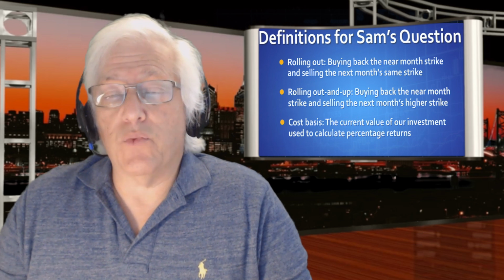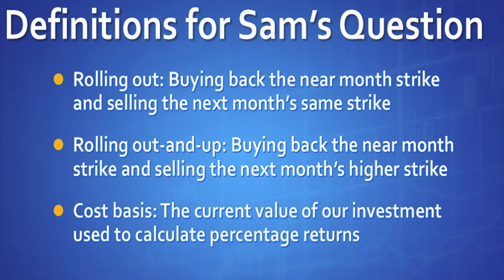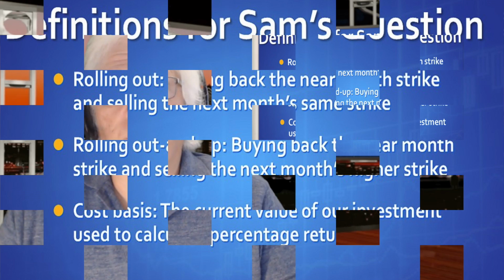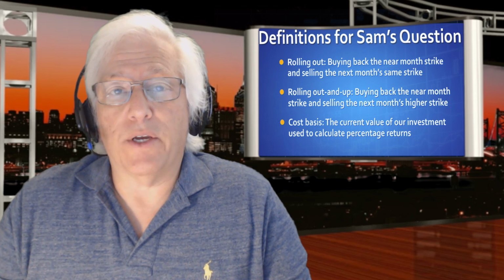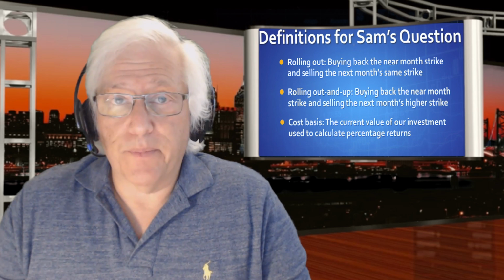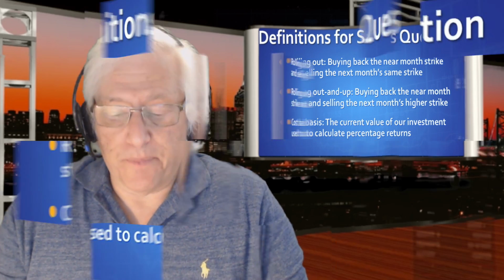That's rolling out. Next definition is rolling out and up. That's where we buy back the near month strike price and sell the next month's higher strike price. As an example, you buy back the July 50 call and you sell the August 55 call. That's rolling out and up.